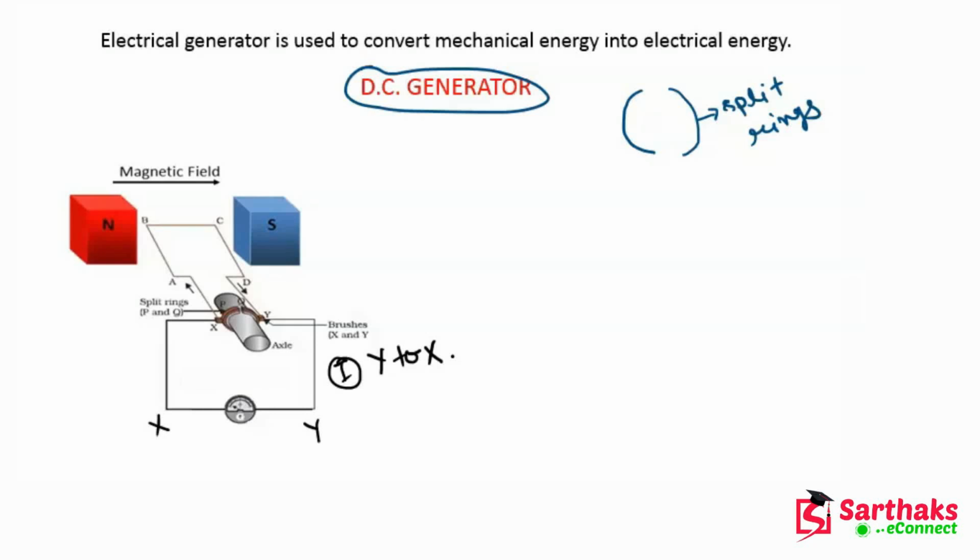Now you have to imagine that this point AB would have come in the place of this CD, and this CD would have come in the place of AB. So now let me change it. This is your point CD and this is your point AB.